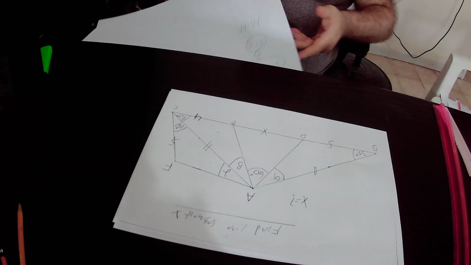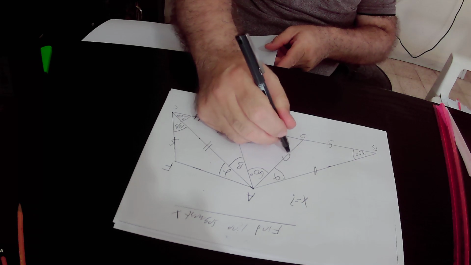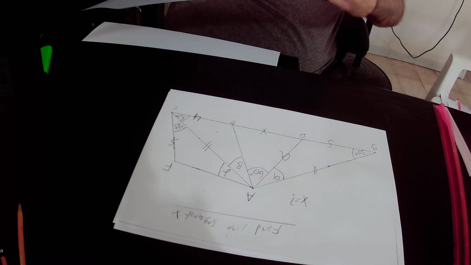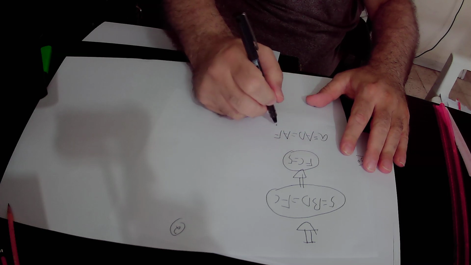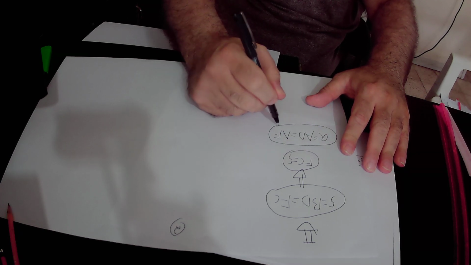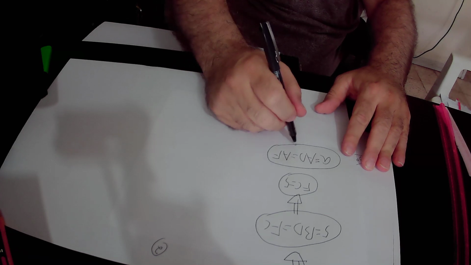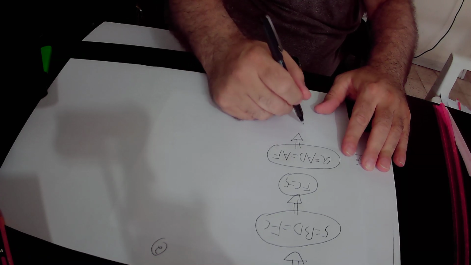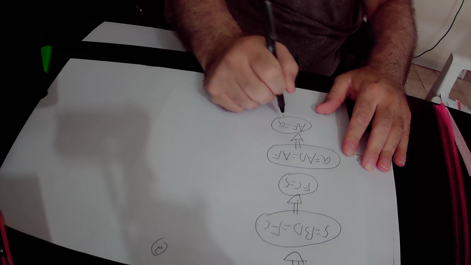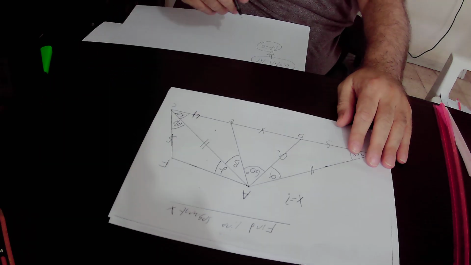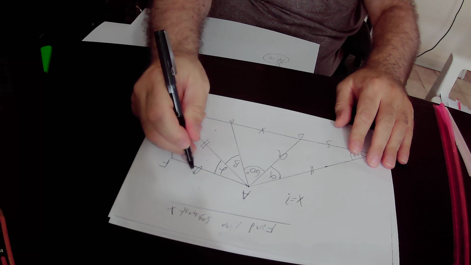If we define side AD as A, then from this equation A equals AD equals AF, we derive that AF is also equal to A. So here we can write down that AF equals A.